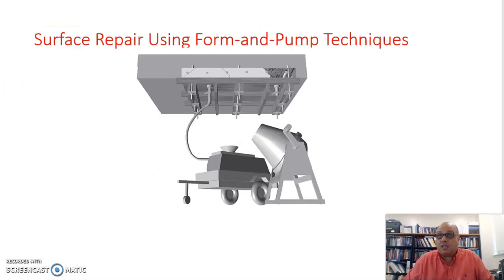Other methods as well include the surface repair using the form and pump technique. As you can see, the formwork is being done right there, and then you can pump the concrete either from the bottom or from the top if there is an opening right there, and that is also another type of technique that you can think of.